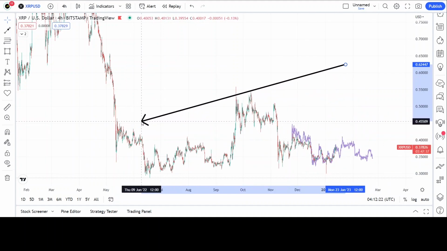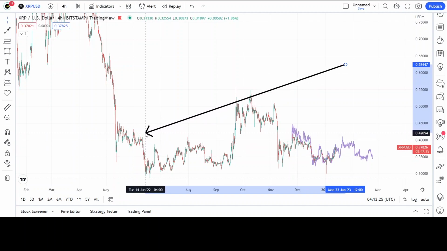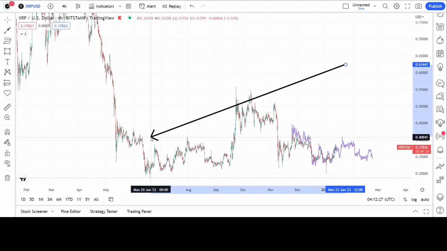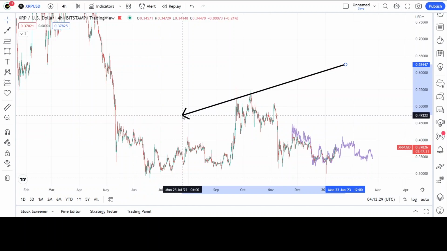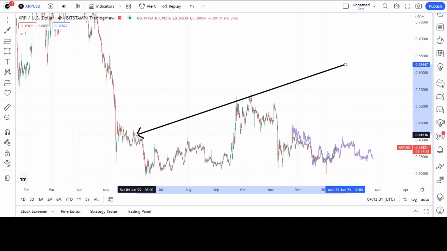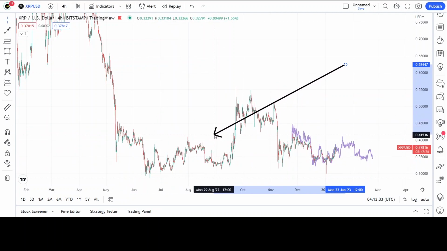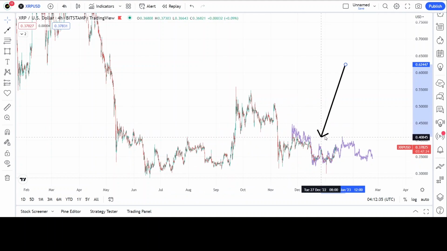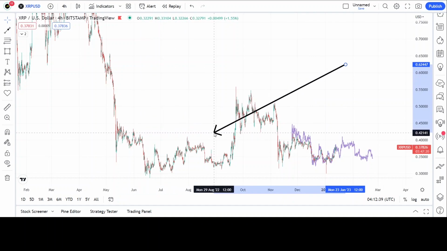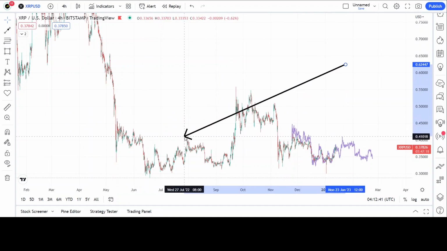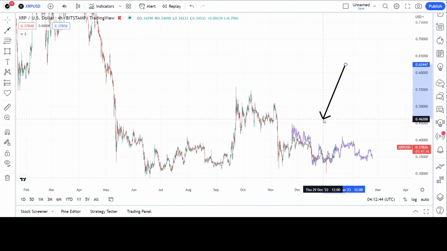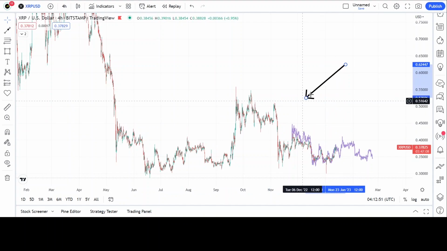But a lot of times when a structure plays out, it does it in a fractal type nature. So the same idea or the same theme is being repeated. It's doing the same thing. It's going sideways range bound, and the overall structure will resemble what just recently took place.